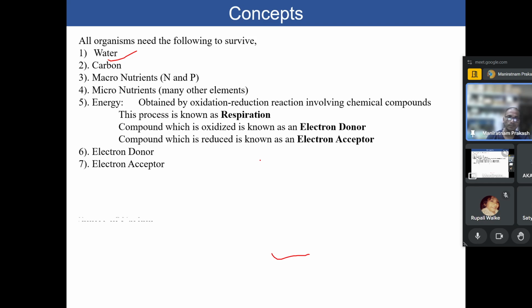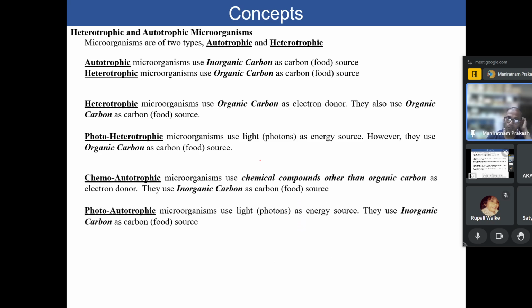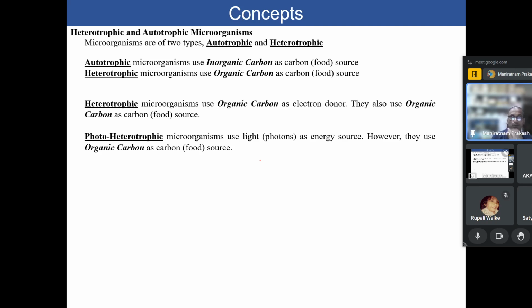Okay. So remember one thing, that we need an electron donor and an electron acceptor. For any biological reaction, if you recall your 12th class, you must have gone through this electron donor and electron acceptor. Whenever we used to write any biological reaction, we used to mention that this one is the electron donor, this one is the electron acceptor, and finally we have the bioproduct and all these things.